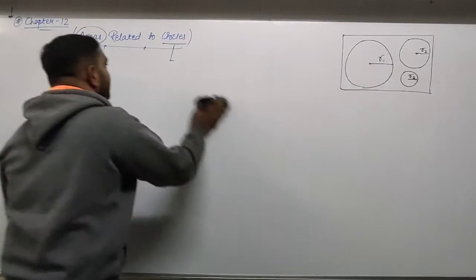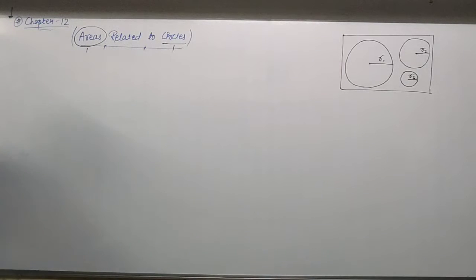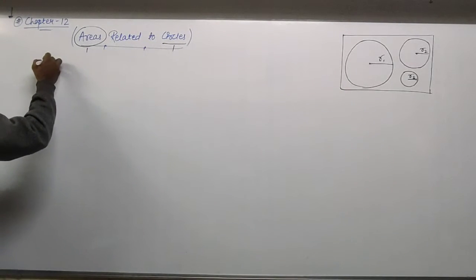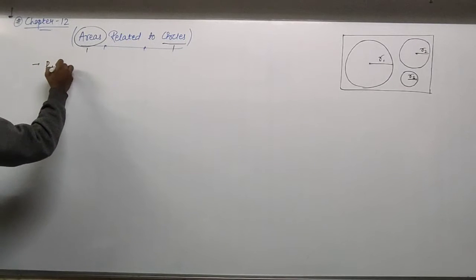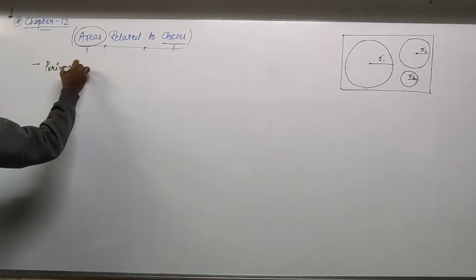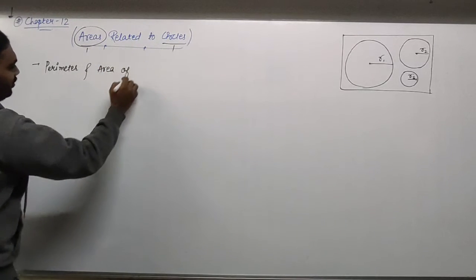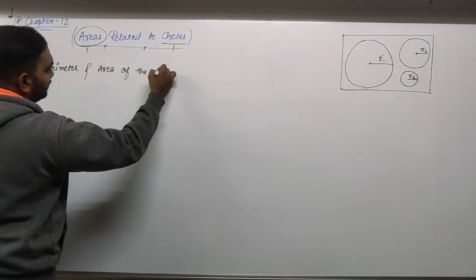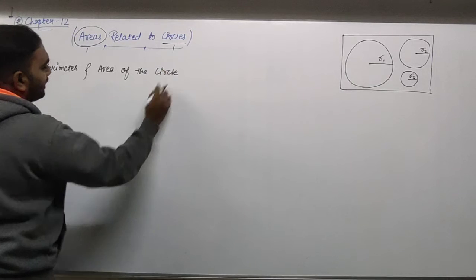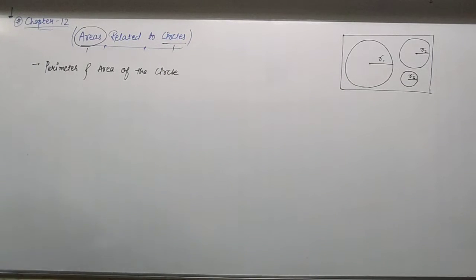So in this chapter, first of all, we are going to see about the perimeter and the area of the circle.